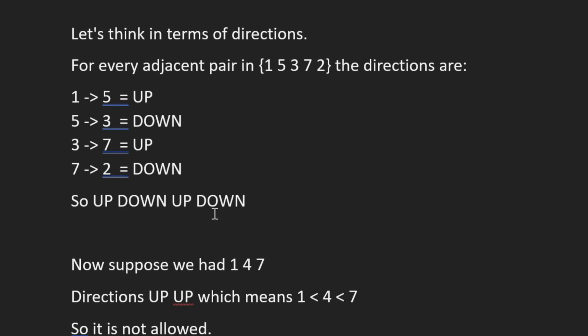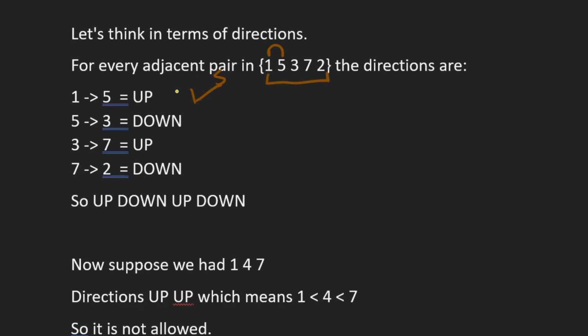So if we think in terms of direction, suppose these are the elements. Now if we see the adjacent pairs, 1 and 5, 1 is smaller than 5, means 5 is greater than 1, so we are moving in the upward direction.